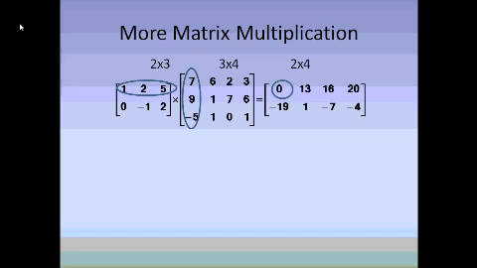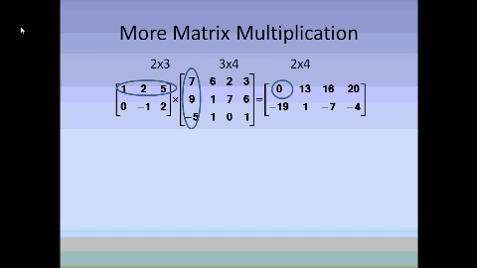Note that what we really did was multiply the 1 of the first matrix by the 7 of the second matrix and add that to the product of the 2 and the 9 and the product of the 5 and the negative 5, yielding a total of 0.